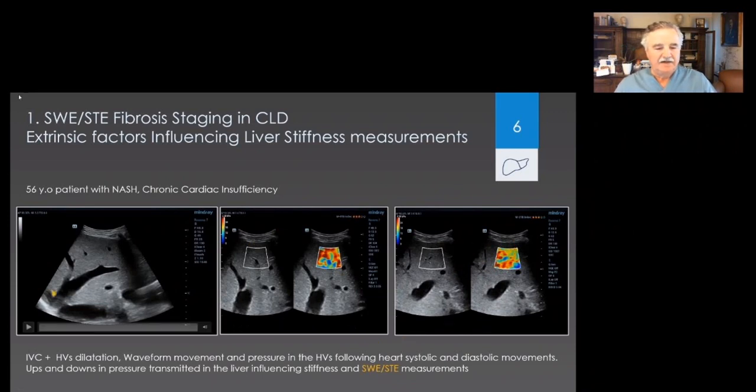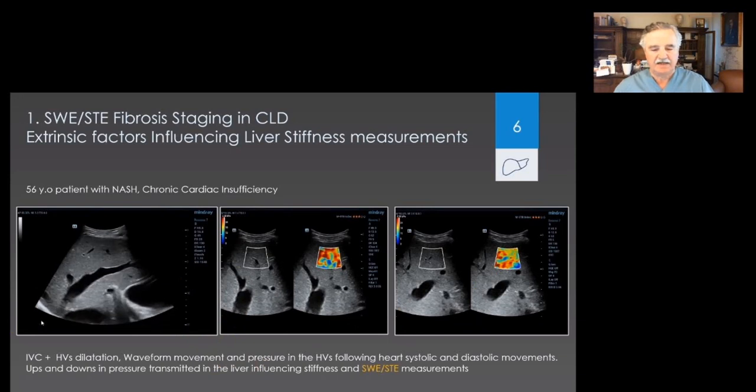We have dilatation of the hepatic vein. We have also waveform movement and pressure exerting on the hepatic parenchyma, following the heart systolic and diastolic movements.